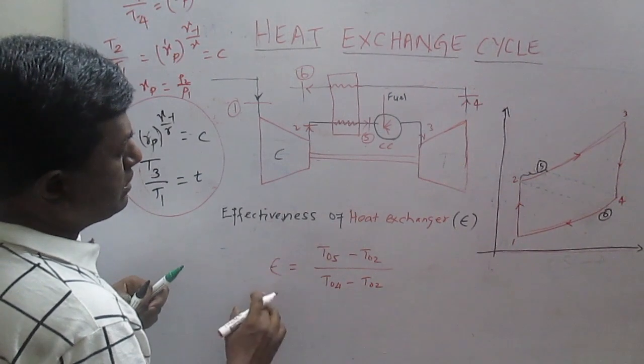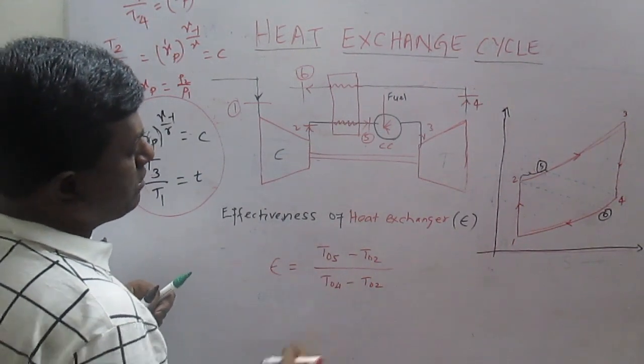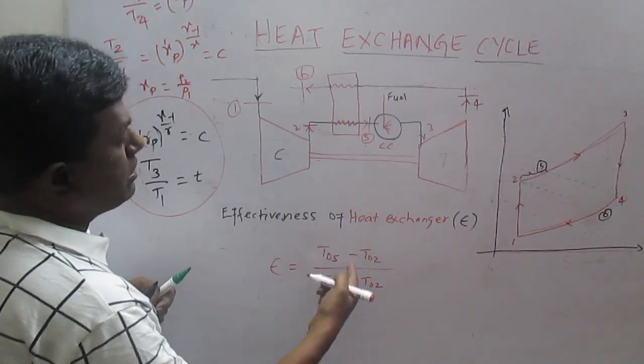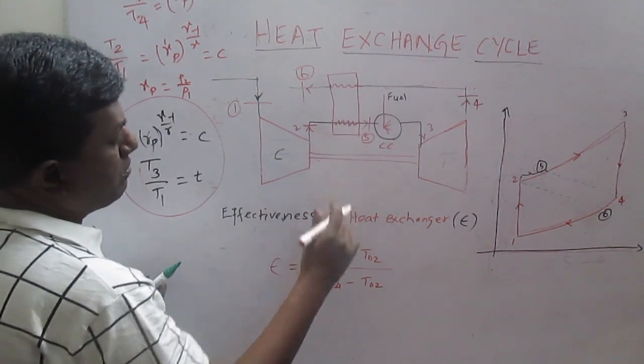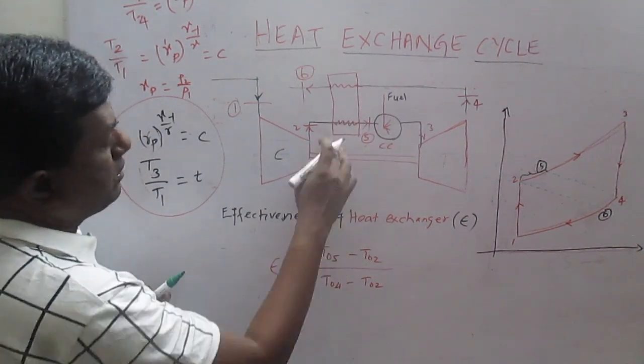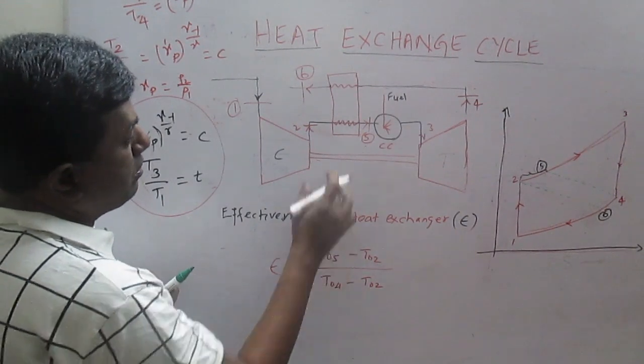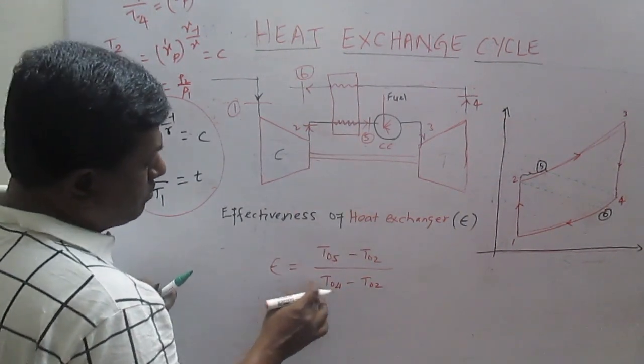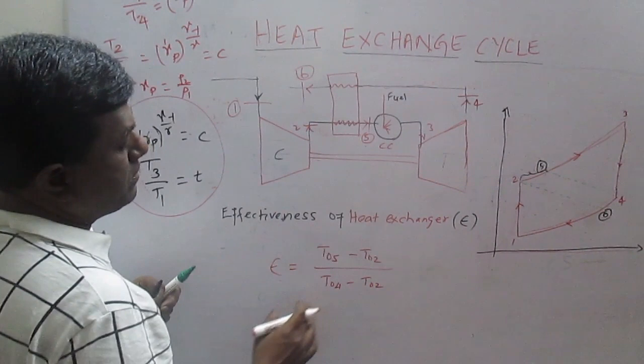So effectiveness is the ratio of the actual temperature rise achieved because of the heat exchanger to the maximum temperature difference available.